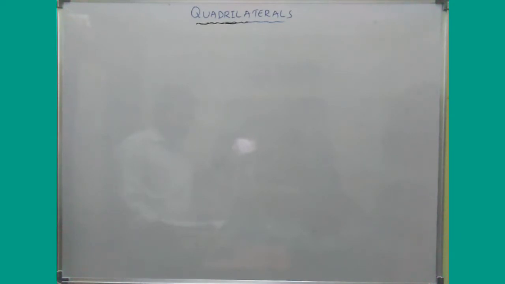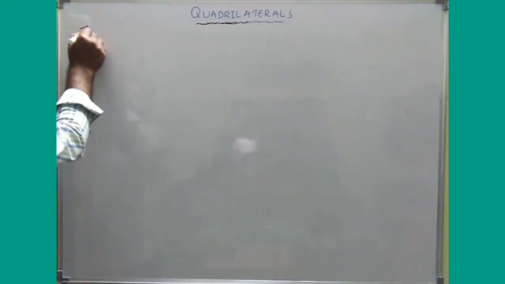And one more theorem, the median of a triangle will divide it into two equal areas. So coming to the next theorem.